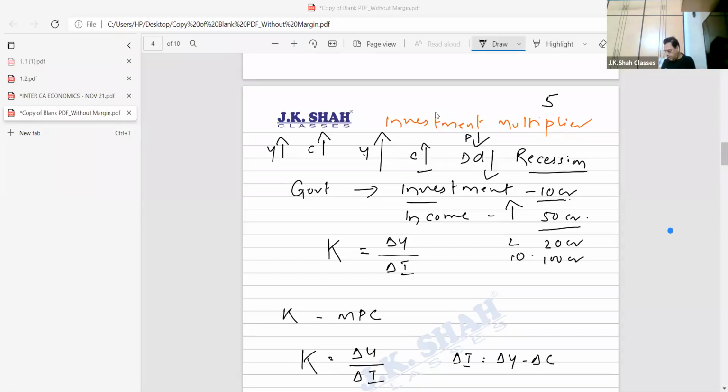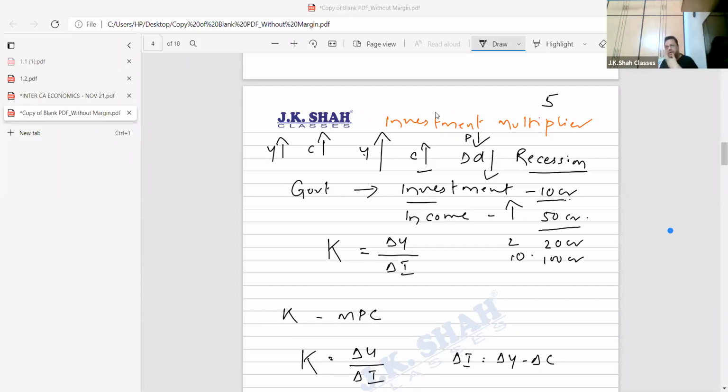and due to this autonomous investment, income of the people rises. Full stop.